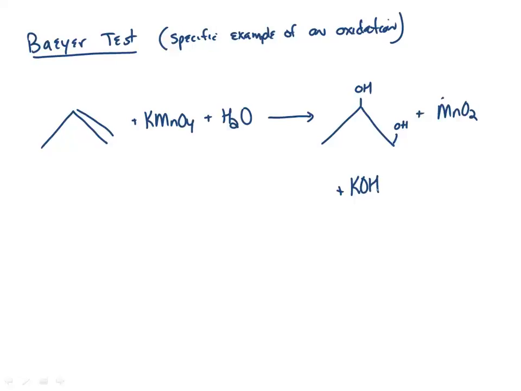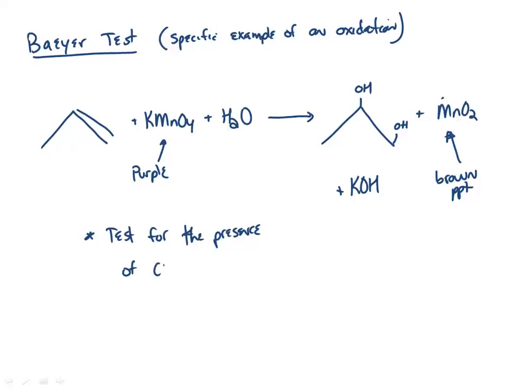And the reason we care about this very specific one is potassium permanganate is purple, and manganese dioxide, which is what that is, is a brown precipitate. And so what we use this test for is basically we test for the presence of either carbon-carbon double bonds or carbon-carbon triple bonds.